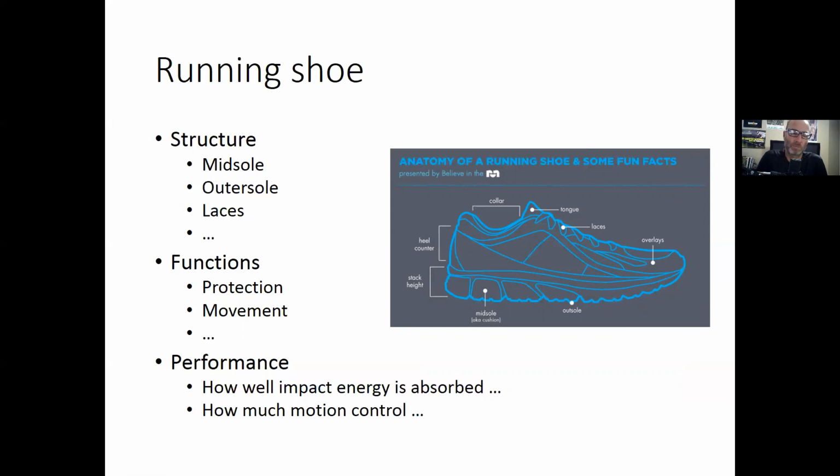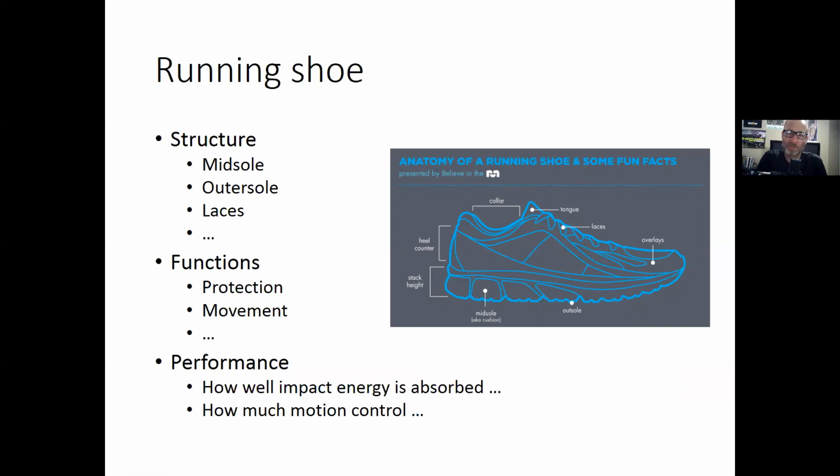And again, we have primary functions like the ones I'm talking about now. And then we have secondary functions of a shoe. I guess it could be a weapon. You could throw it at somebody, or you could use it as a hammer and nail something. Those are secondary functions of the shoe; sometimes you can get quite creative in coming up with secondary functions. And then what's the performance of the shoe? Well, it's how much or how well impact energy is absorbed, how much motion control the shoe allows.